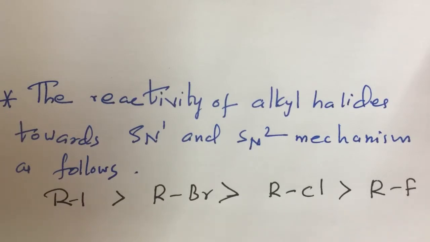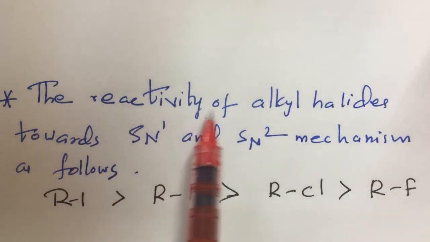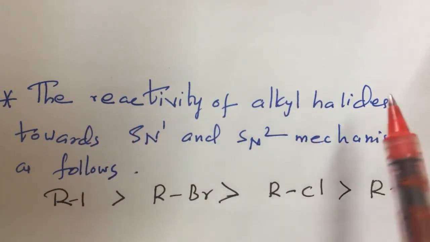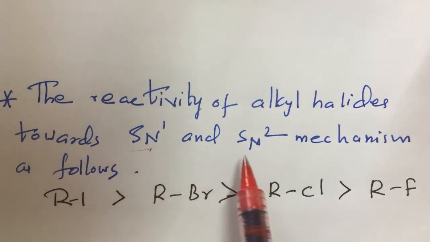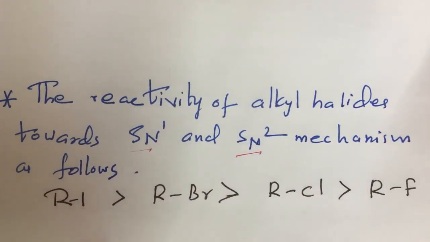Okay students, there is one more important point related to the topic SN1 and SN2 mechanism. The reactivity of different alkyl halides towards SN1 and SN2 mechanism is as follows. The reactivity of RI, alkyl iodide, is greater than alkyl bromide.